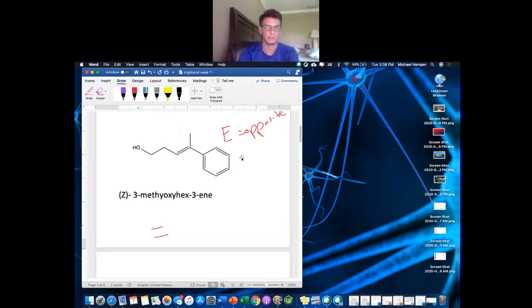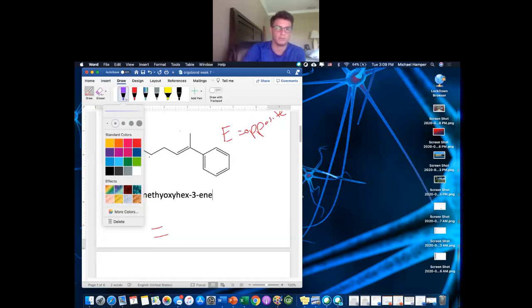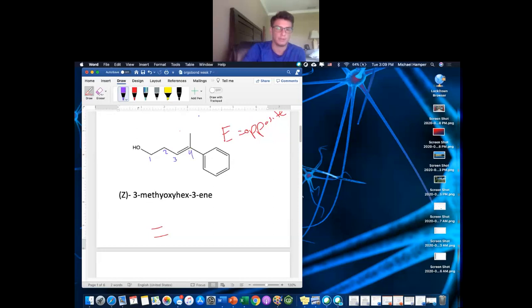And similarly with this one, we want our substituents on the lowest number possible. So let's do this 1, 2, 3, 4. And this is a phenyl, not a benzyl. This is a phenyl group. Here we have a methyl and an alcohol.